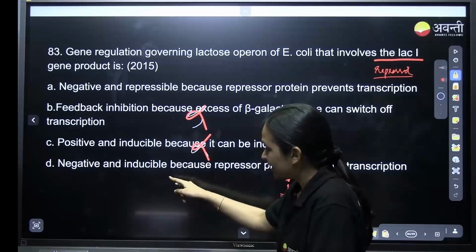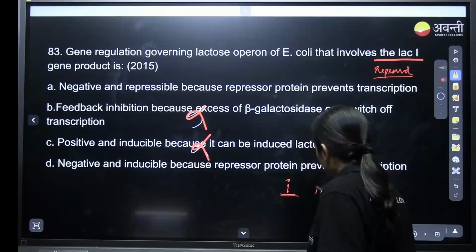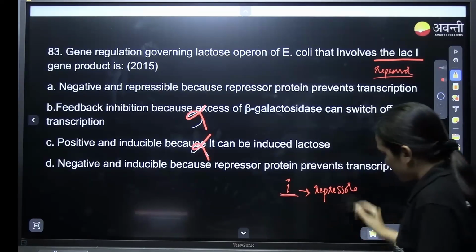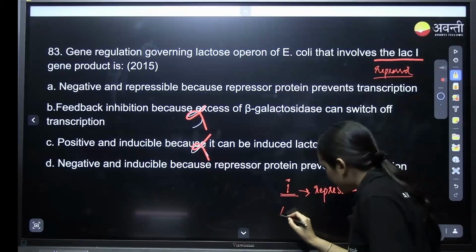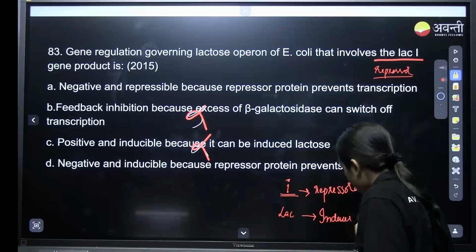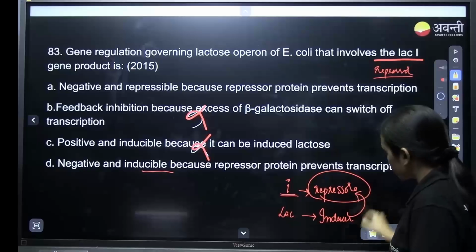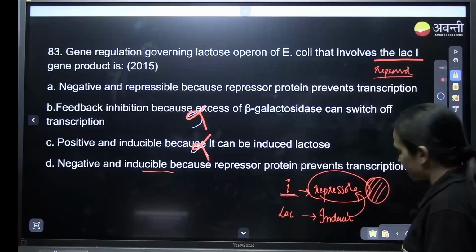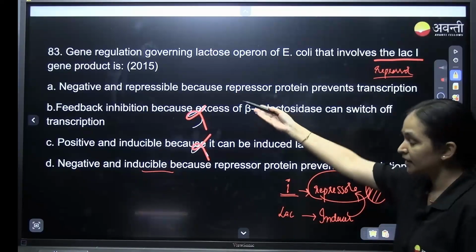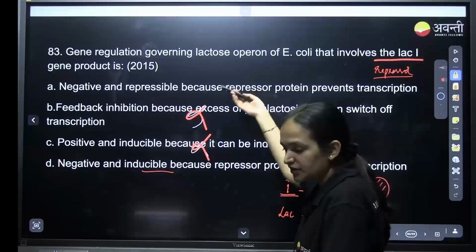Okay, it is not an inducer, it was a repressor. I was a repressor. Which was the inducer? Lactose was the inducer. Inducible: this repressor was getting induced by lactose, but the operator gene was getting repressed.